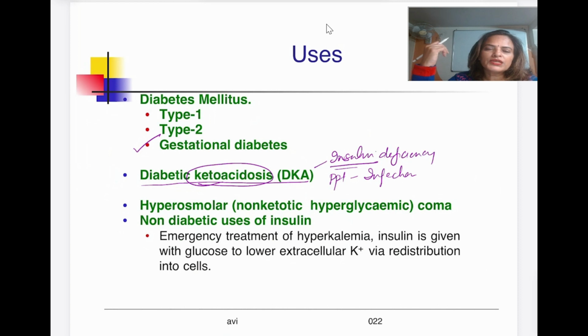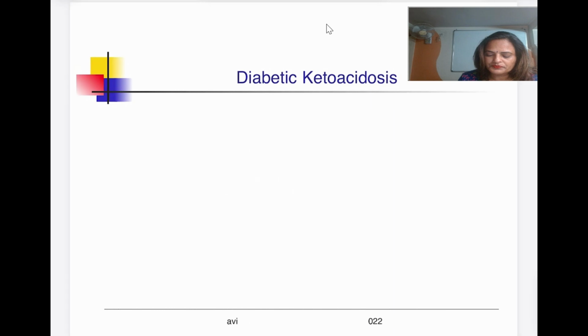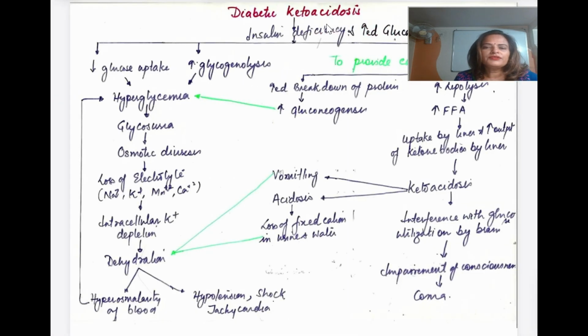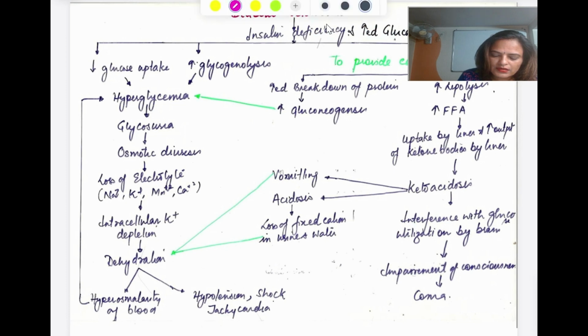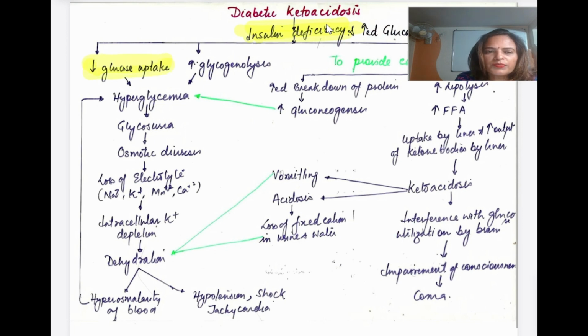Now what is the pathogenesis? If there is an insulin deficiency, then what will happen? Insulin deficiency means glucose uptake, for which we need insulin, won't happen, and this leads to hyperglycemia.